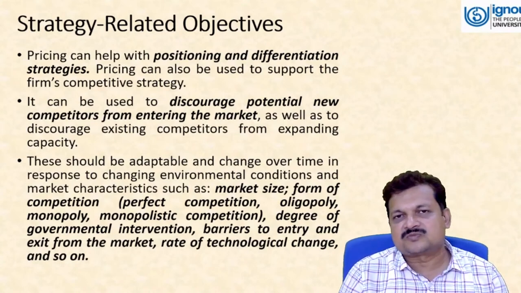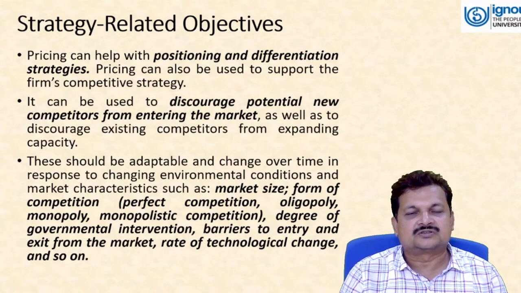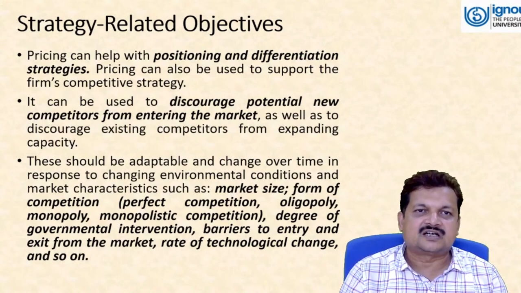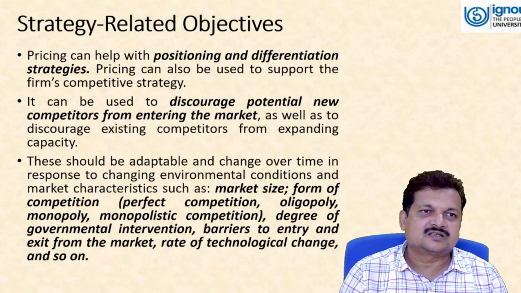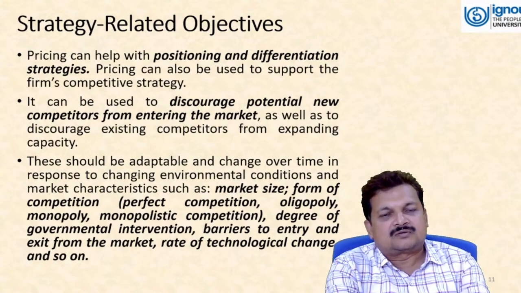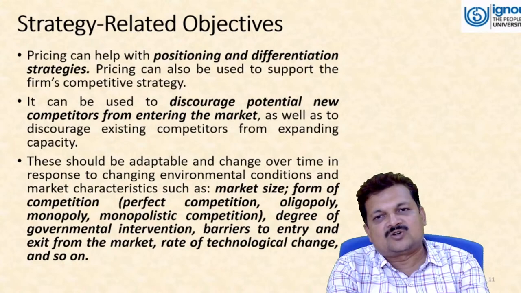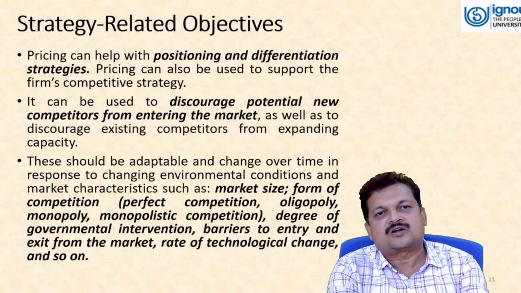As we understood from Michael Porter, there are three generic strategies: the first is overall cost leadership, the second is differentiation, and the third is where you are focusing on only a few areas, that is focus strategy. When we talk about overall cost leadership, that is OCL, it means you are offering the service or product at the lowest price.